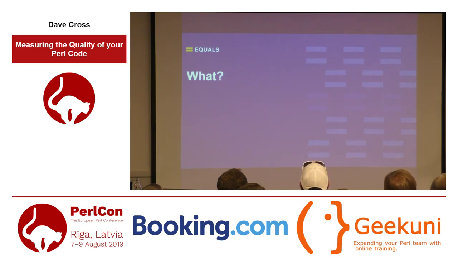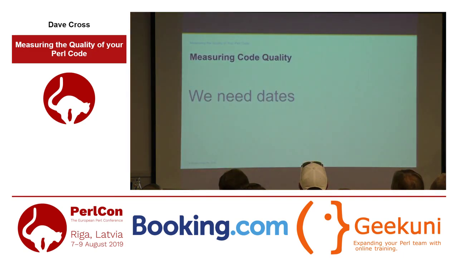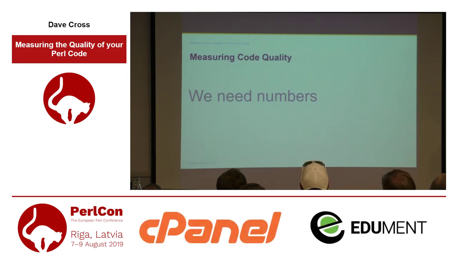What are we going to measure? So we need dates, obviously, to put in our graphs, and we need numbers. We need measures of quality. Dates are easy. I'm not going to cover that. Just go to a calendar. But what numbers can we use to measure the quality of our Perl code?